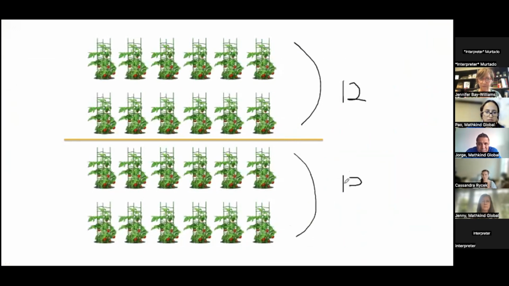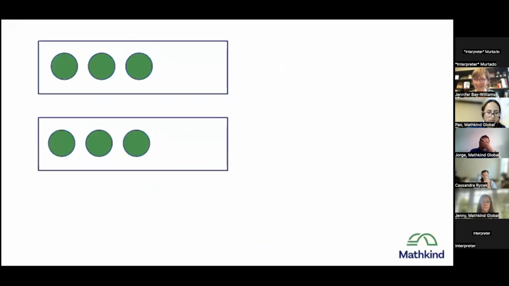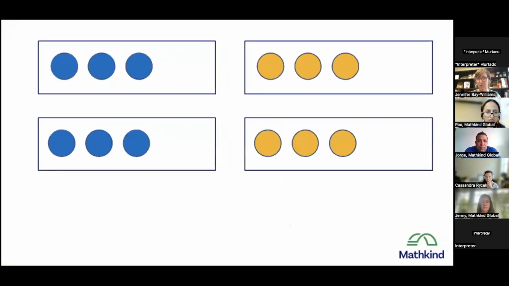Whoops, sorry about that. So you're showing them if they don't know 4 times a number, they can do 2 times a number and double it again. The same can be done with dots again. This time the dots are not in a 10 frame, but here's 2 3s, and the students think 6, and then they see this, 12.